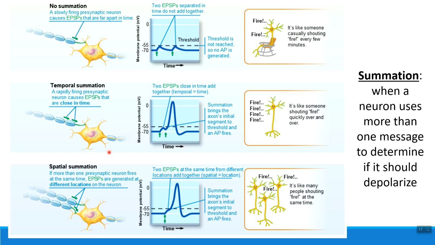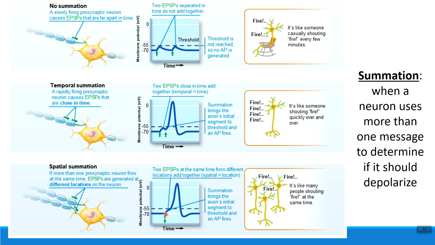But remember that the other way I can receive excitatory messages is through spatial summation. Notice in spatial summation that two different dendrites that are talking to two different neurons are receiving those messages. And it just so happens that those two messages came at the same time, or very close to each other in time.